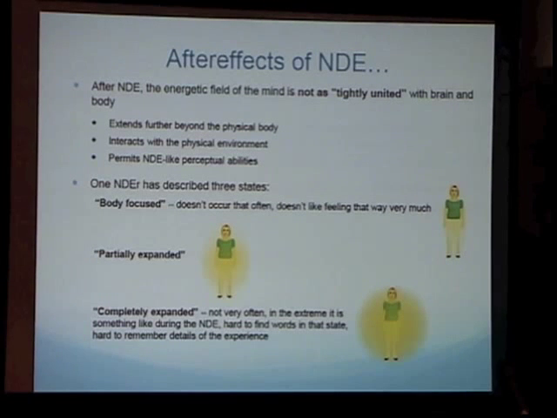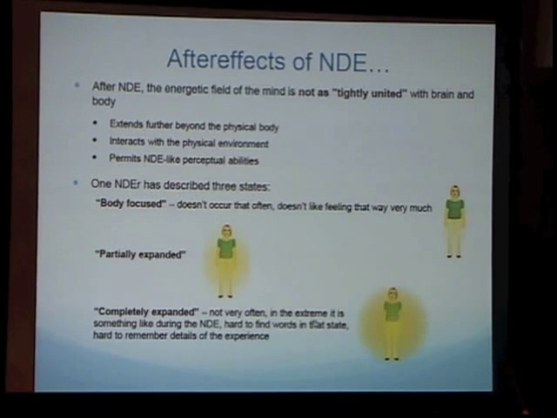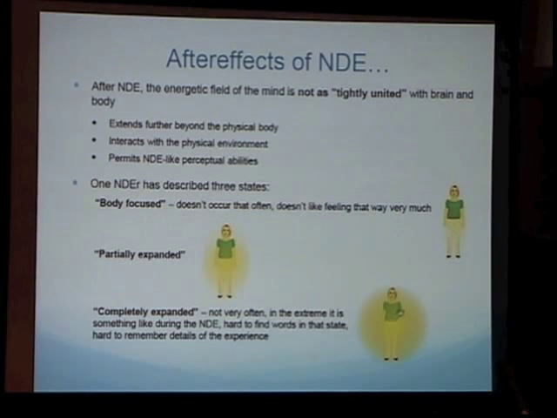She doesn't like feeling that way very much. Then partially expanded, where the field of her mind, this is our speculation, extends beyond her body. And then what she called completely expanded, it's something like being back in the NDE. And we draw it this way. We don't know how big it is.